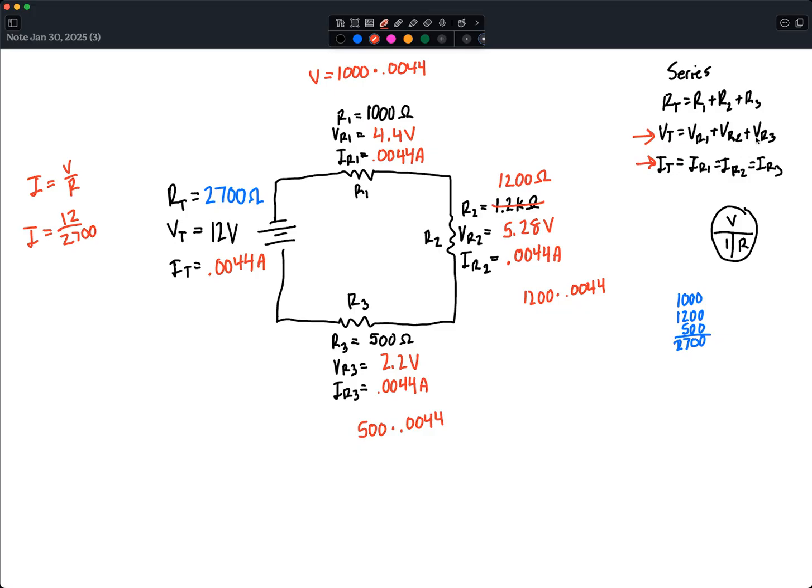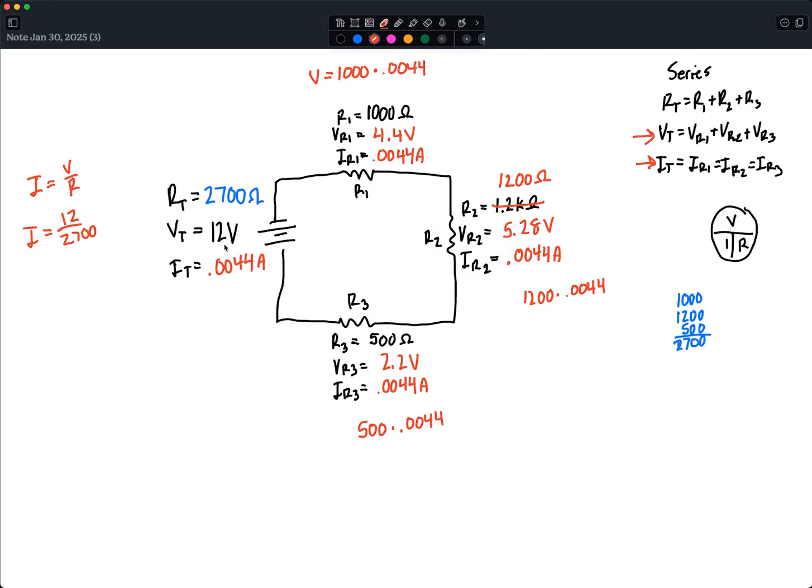What do we know? They all should add up to the total. Well, does 4.4 plus 5.28 plus 2.2 work? I get 11.88. It's close to 12.